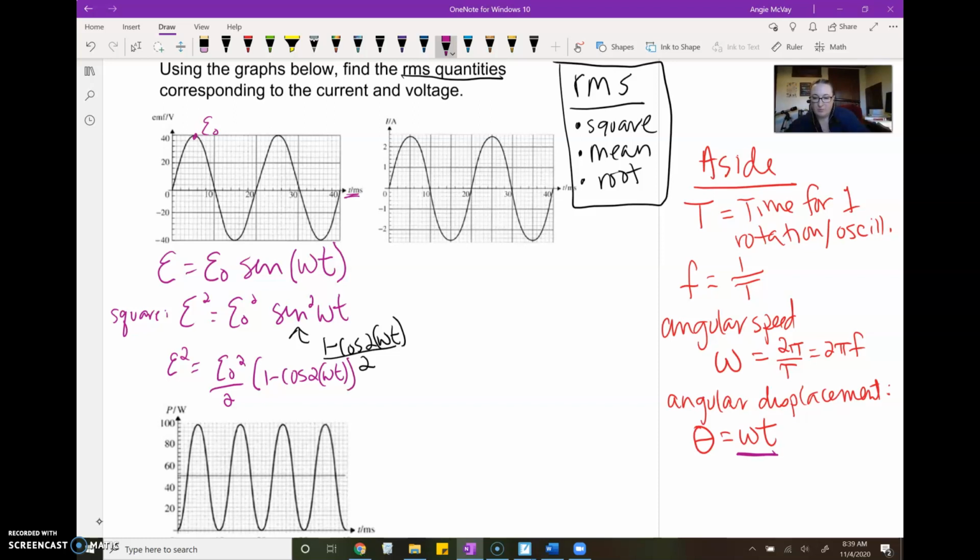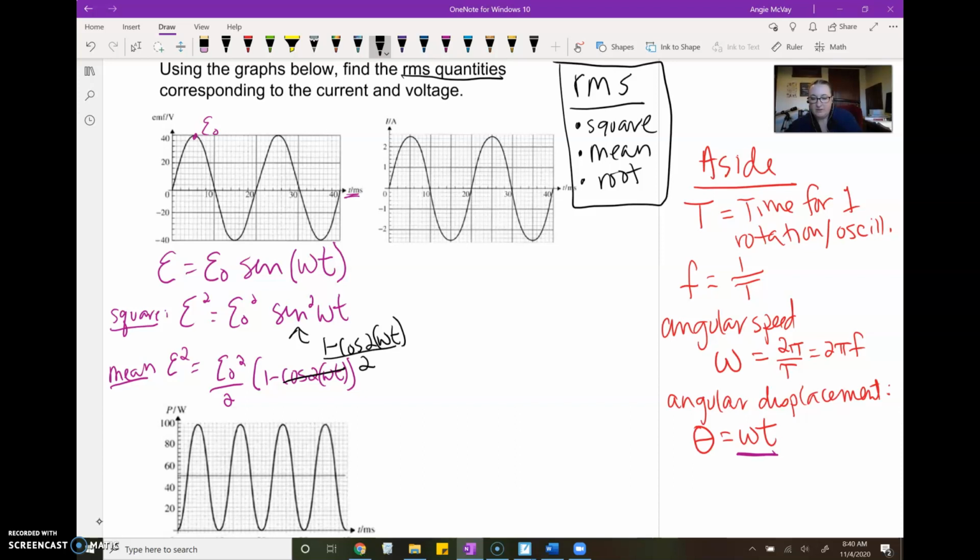Okay, it's running out of space. Now you see that I moved this over 2 here to underneath the E naught squared just for funsies. And then if you take the average of a cosine, okay, so here we squared, we did a replacement, and now we're going to take the average or the mean.